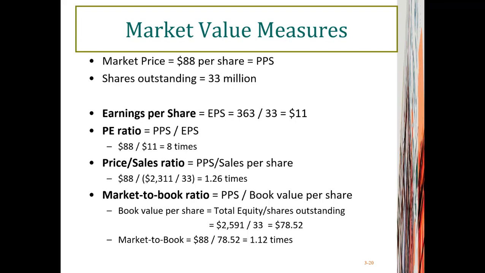So the static book value that you can see in the balance sheet for each share of stock is $78.52, and the current valuation for each share of stock is $88. So the market to book ratio is 1.12 times. The market evaluates the company's equity slightly higher than its book value, 12% higher. That is another market value measure, the market to book ratio.